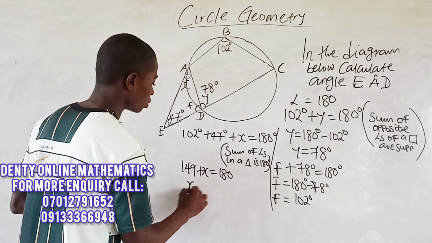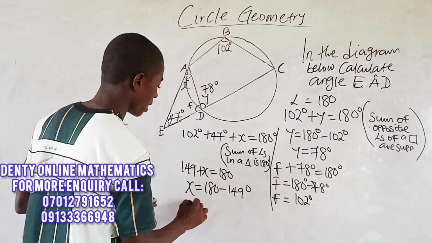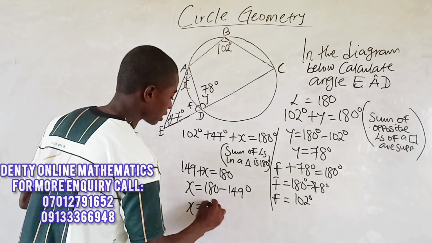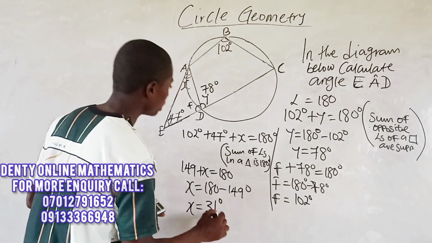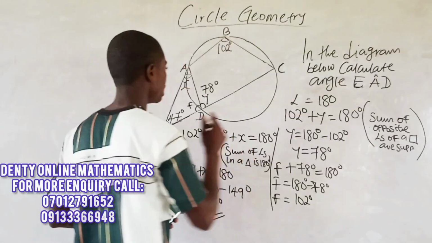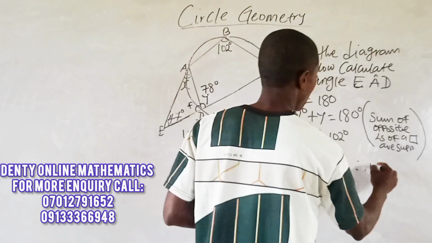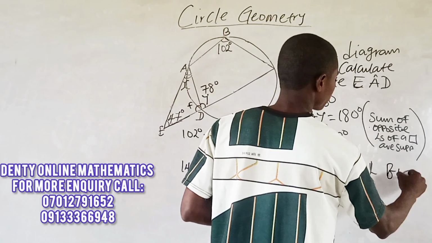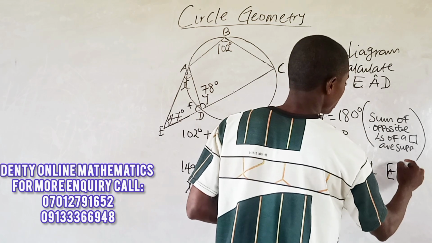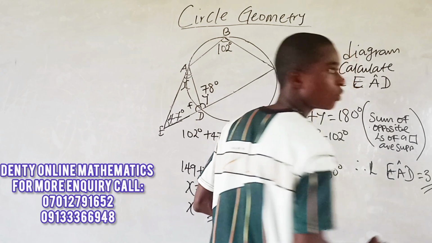Now I'll take my x to be 180 minus 149 degrees, and x is equal to 31 degrees. Remember, this angle x is the angle EAD. So I can now say, therefore, angle EAD is equal to 31 degrees, and that is what will form the solution to this problem.